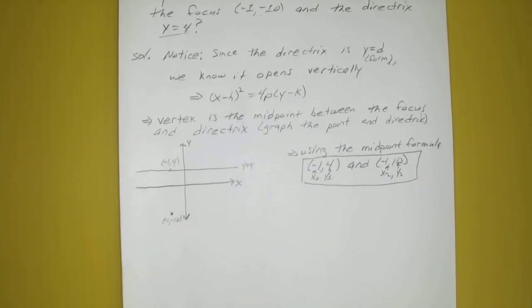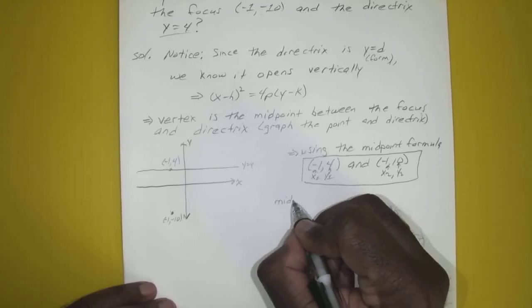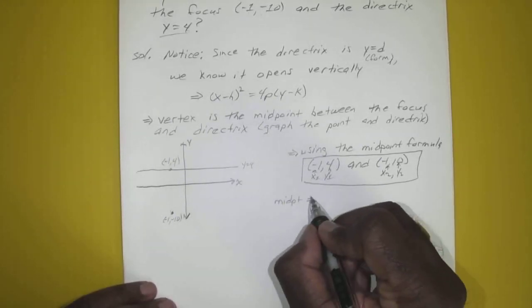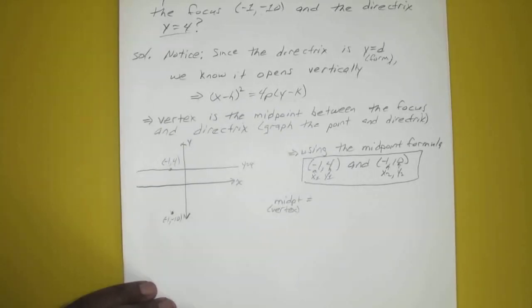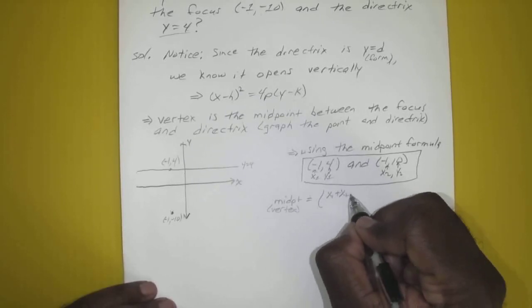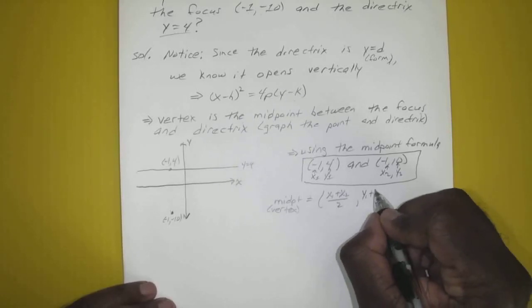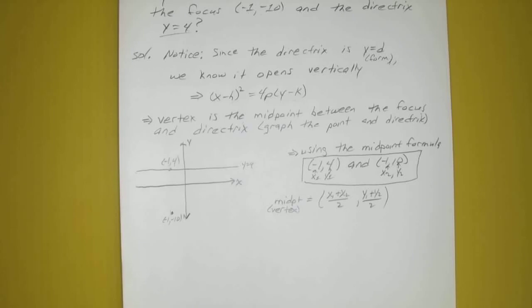Our midpoint formula in this case will actually give us our vertex. Remember that's x1 plus x2 divided by 2, and y1 plus y2 divided by 2. So that's your midpoint formula.